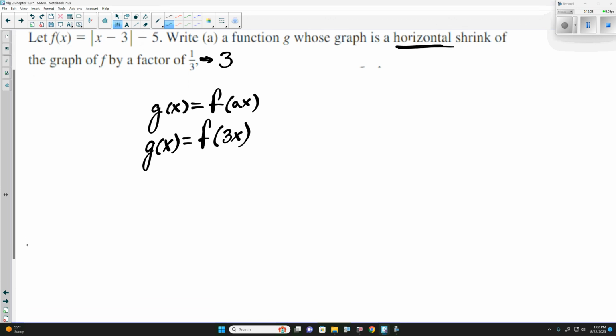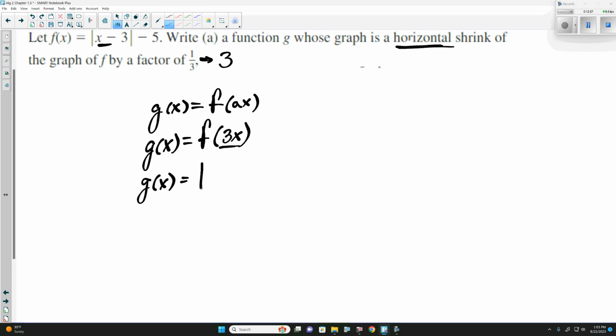Any questions on this here before we do our next step? Have we got the 3 or f of 3x? Now, do we have f of x anymore? No, we have f of 3x, which means every x in the original function has to be changed to 3x. We only have one x.